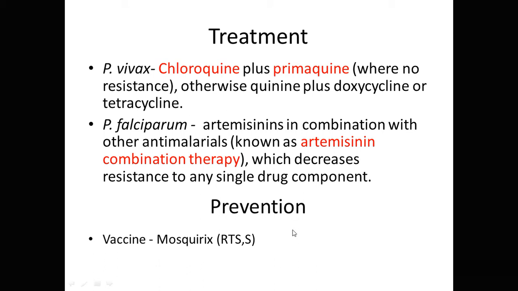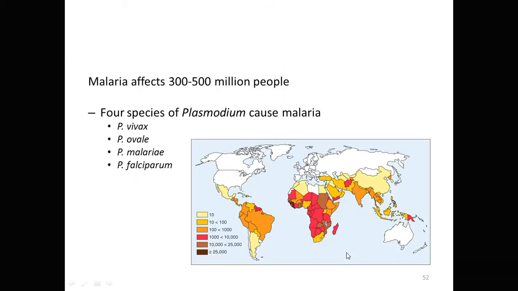And prevention can be achieved through vaccination. A few years ago, I think in 2015, a vaccine against malaria was approved, and it seems to be effective. And this is the distribution of malaria disease. We have mainly tropical and subtropical areas here.